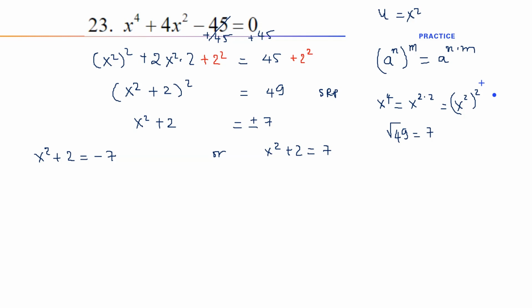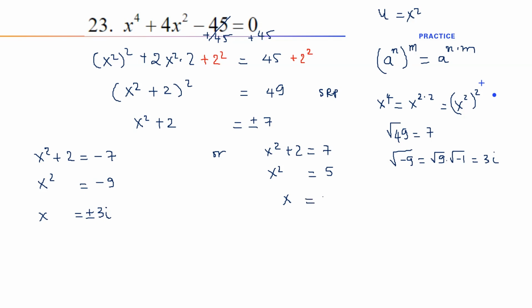We solve for the first one first. x squared equals negative 9. So x equals plus or minus 3i. The square root of negative 9 is the square root of 9 times the square root of negative 1, that is 3i. x squared equals 5.